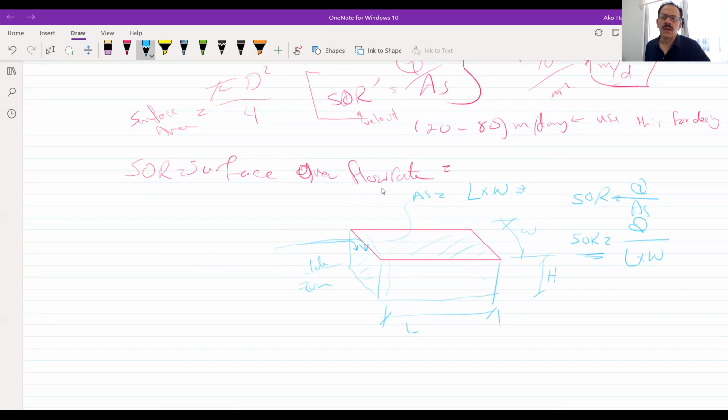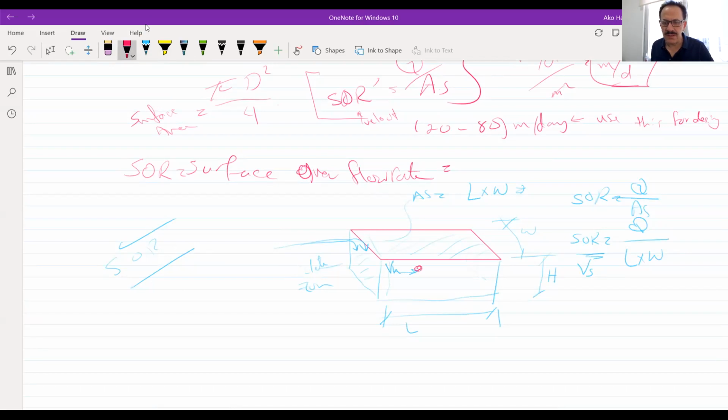Yes, sir. Now, this is the SOR; we are done with the SOR. We have another velocity, which is the horizontal velocity. Some of them say the SOR is the settling velocity. When we have a particle, it tends to settle.